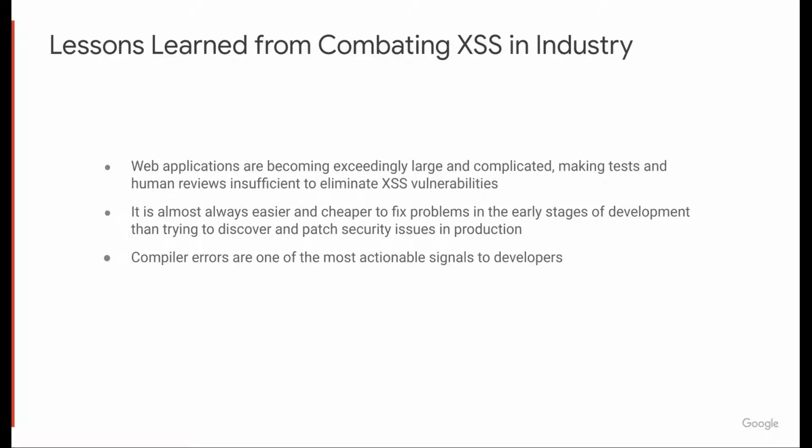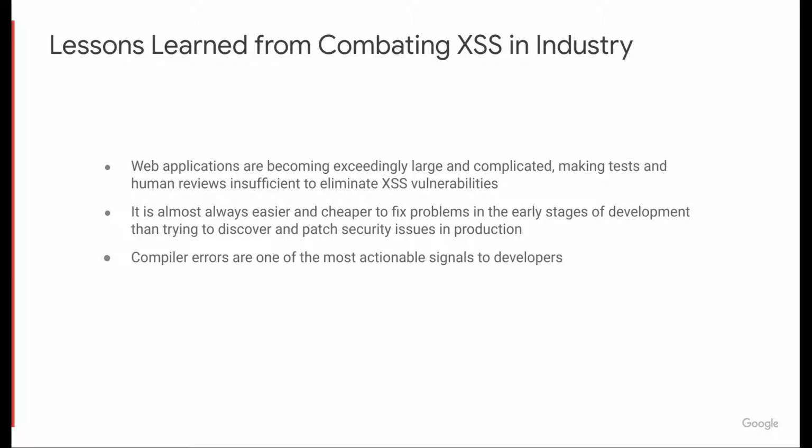The idea of API hardening is inspired by lessons we learned from years of experience with fighting XSS in industry. First, we know that web applications are becoming huge and complex. Tests and human reviews combined are not sufficient to prevent the vulnerabilities from slipping into your codebase.